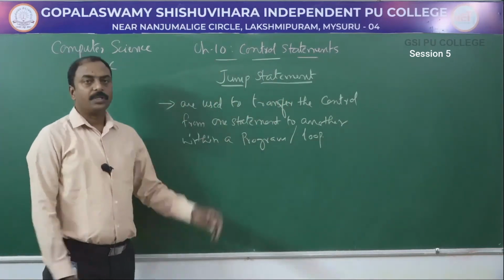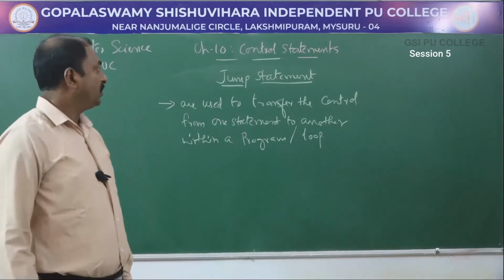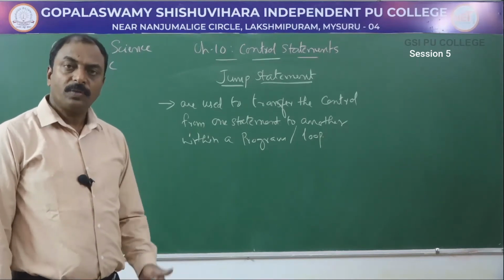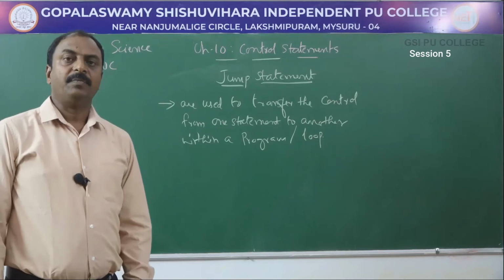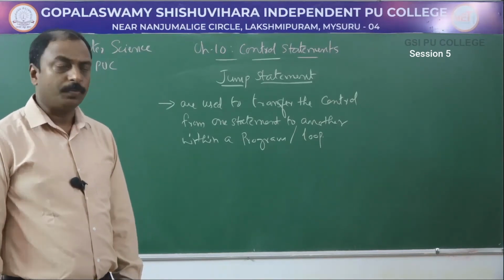Jump statements are the statements used to change the flow of control, or to transfer the control from one point to another point. It can be within a program or maybe inside a loop.